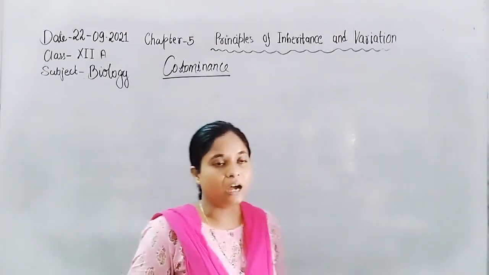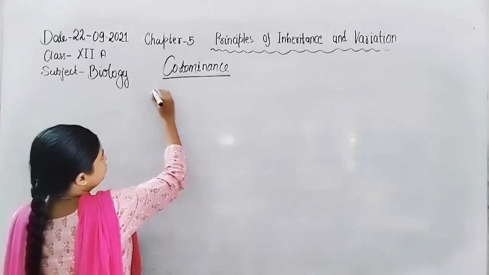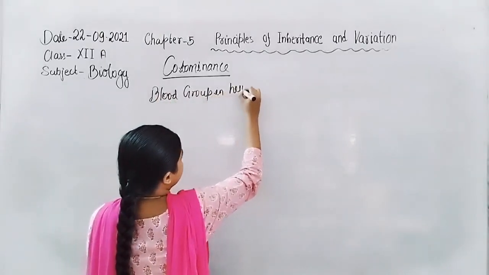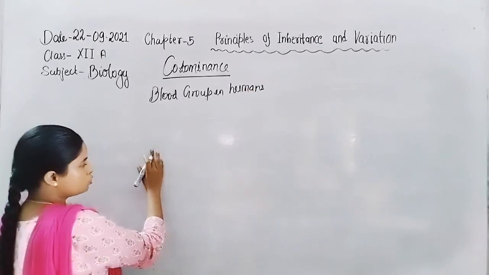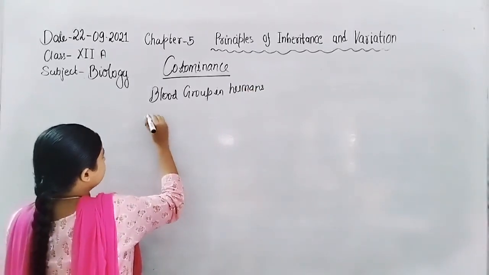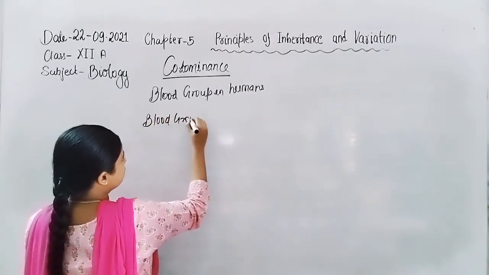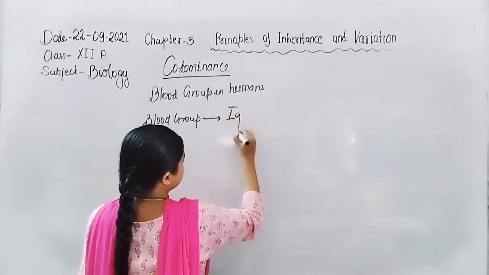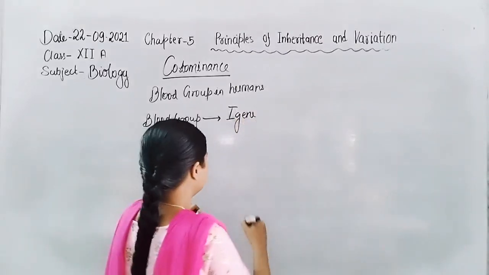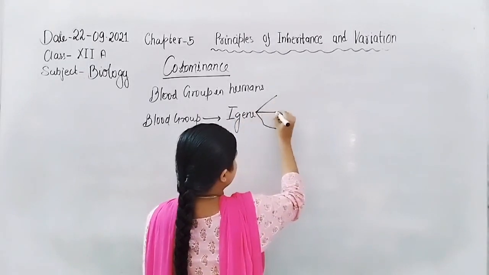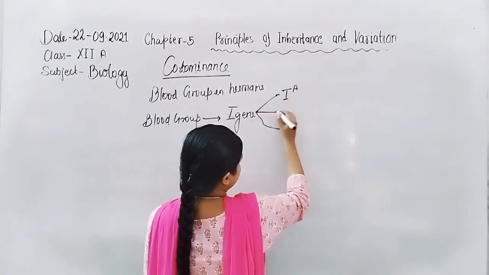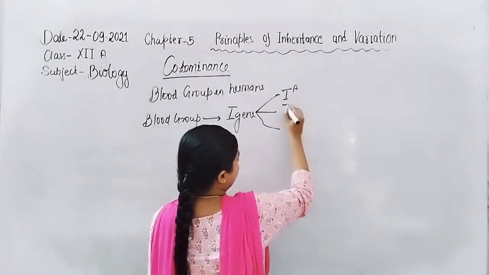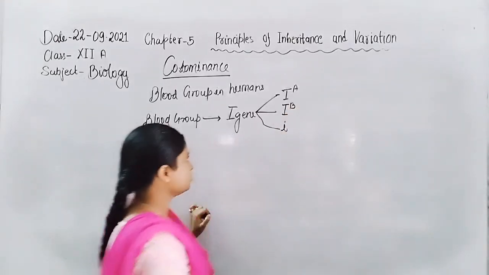For example, blood group in humans shows an example of codominance because the blood group is controlled by the I gene, and the I gene has 3 alleles, that is I A, I B and small i.